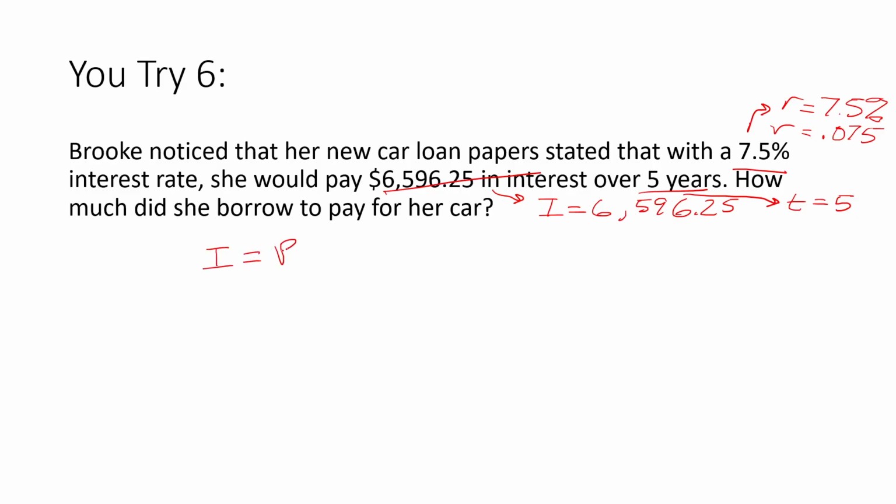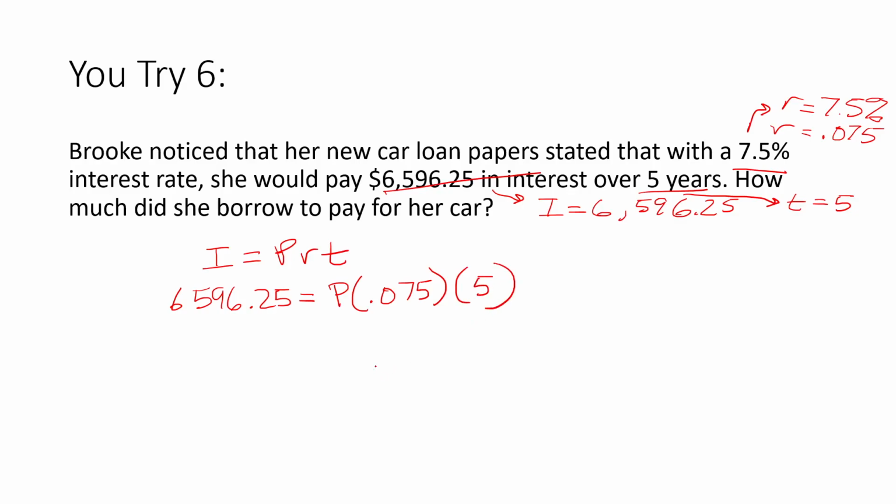Well, I is equal to P times R times T. So 6,596.25 is equal to the principal times the rate, which is 0.075, times the time of 5 years.